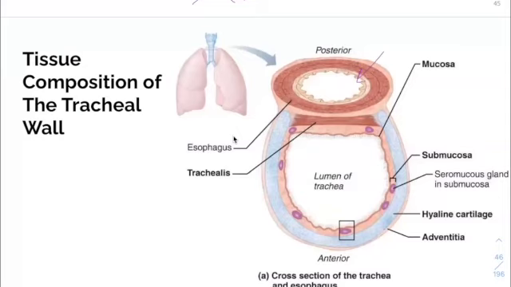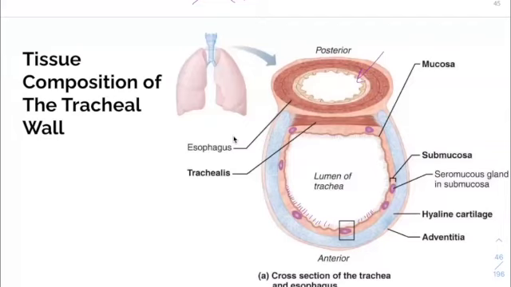As you can see, our trachea is lined. You see these little finger-like projections in here, or little hairs, whichever you'd like to call them. These are that pseudostratified ciliated columnar epithelium. That is our mucosa.